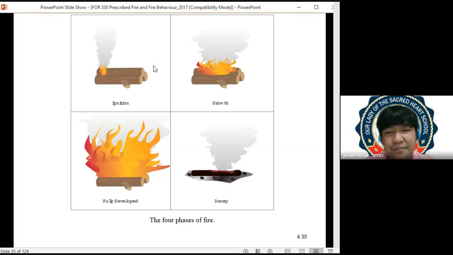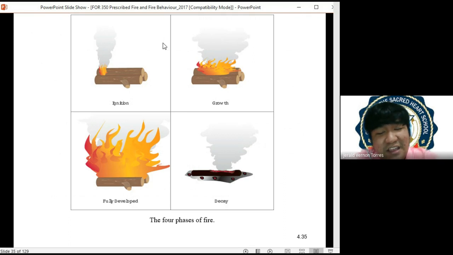Ayan, we have the incipient, yung ignition pa lang. Thin pa yung smoke and small yung fire. Then, pag kumalat na yung fire, nag-start na yung tinatawag na flash over, most of the material starting to ignite. Makikita rin natin distinction between the upper smoke layer. So, nandito tayo sa growth stage.